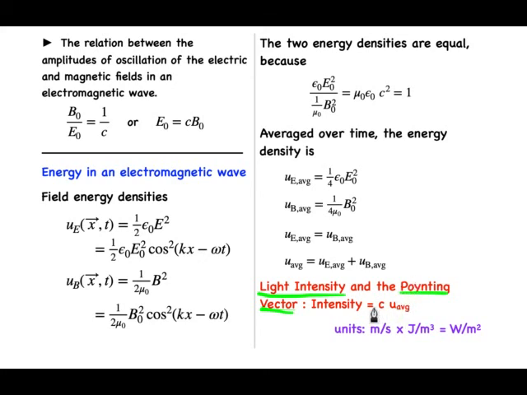So to obtain this result, you have to go through the derivation of power, which is given by the Poynting vector. The Poynting vector is E cross B divided by mu 0.